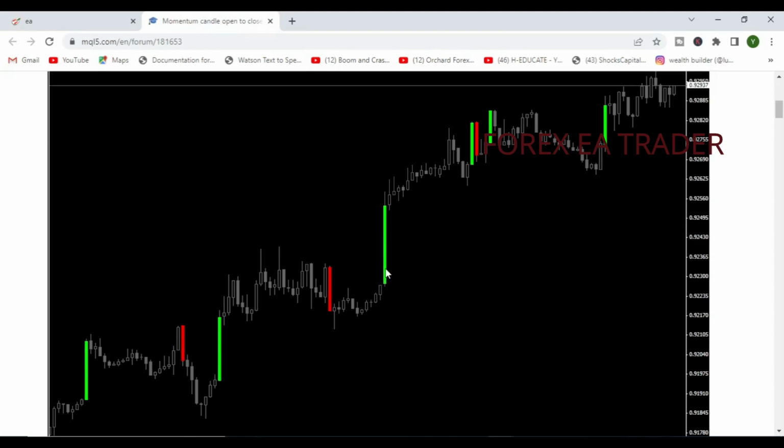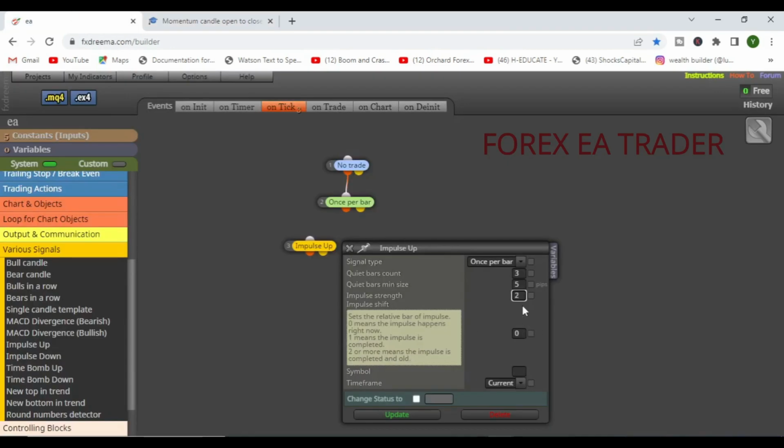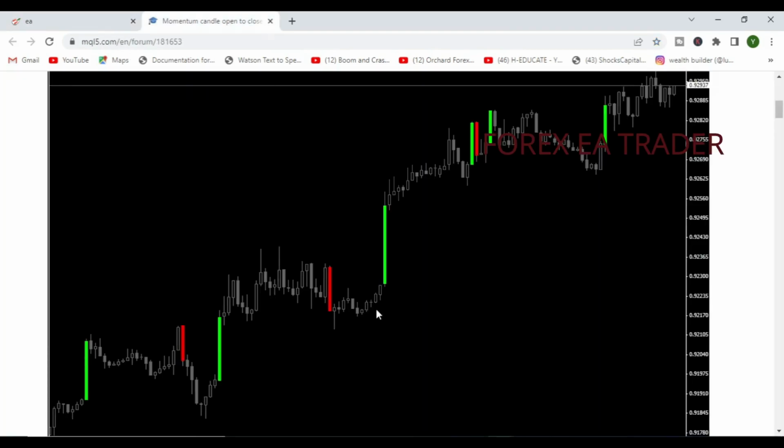As long as this current candle, as it pushes up, goes 2 times bigger than our biggest quiet candle, we buy. But that is risky, because it might shoot up and then it might reverse.